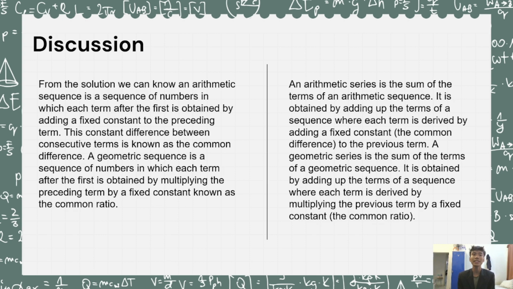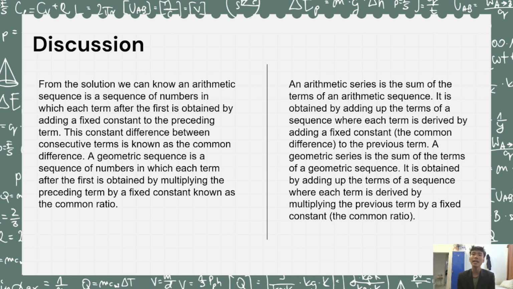A geometric sequence is a sequence of numbers in which each term after the first is obtained by multiplying the preceding term by a fixed constant known as the common ratio. An arithmetic series is the sum of the terms of an arithmetic sequence.